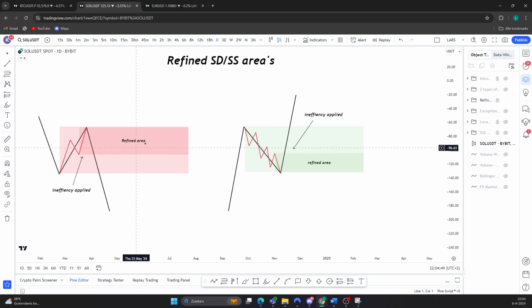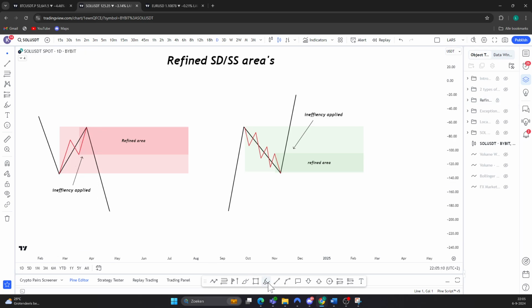Well, now that you know that we have structure supply and order blocks, let's say that the inefficiency is applied in both scenarios, okay? So this whole range supply has an inefficiency below, so it is valid. We can have a more refined area using structure supply when drawing our structure on the lower time frames.